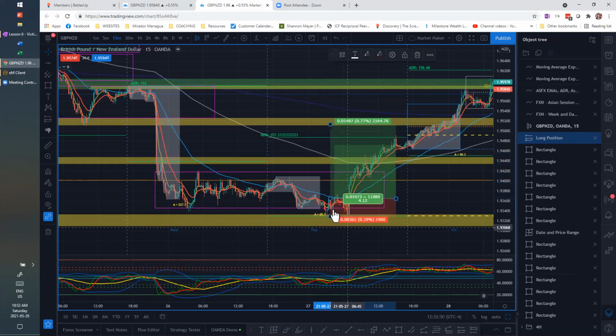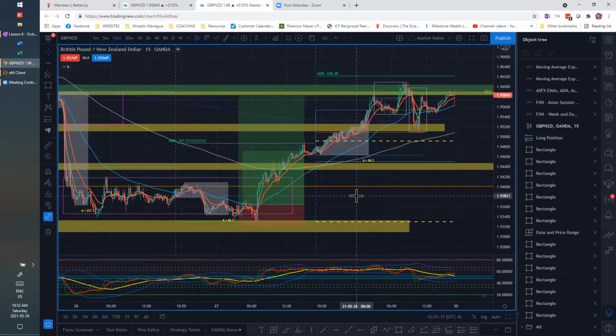If you had taken the entry right at the top of that when you got the cross, you would probably have had to give yourself 40 pips. You still would have had a valid entry because this one dropped but then kept going. So even with 40 pips, by the time we got up here, we still had a 5-to-1 return on your risk to reward.